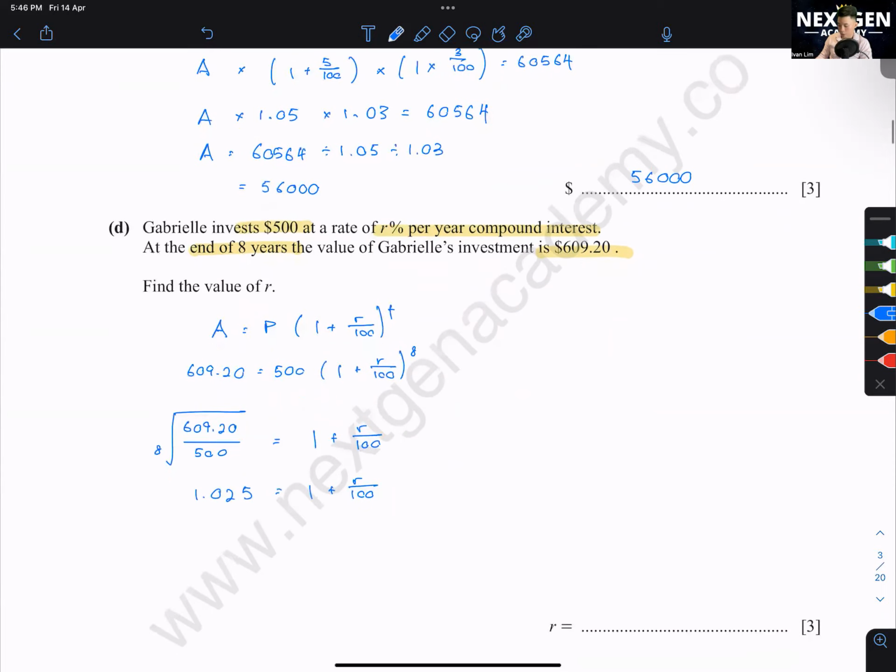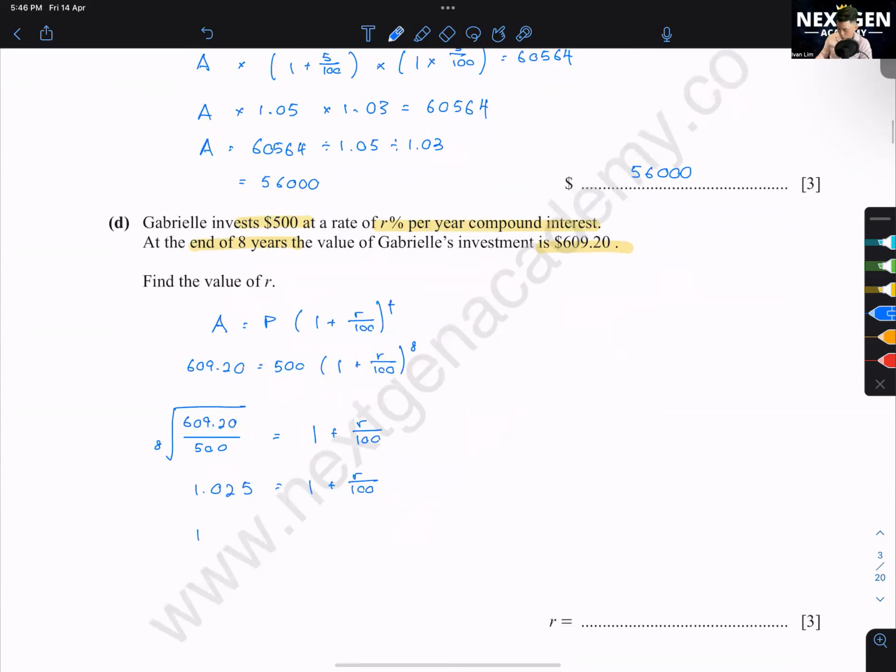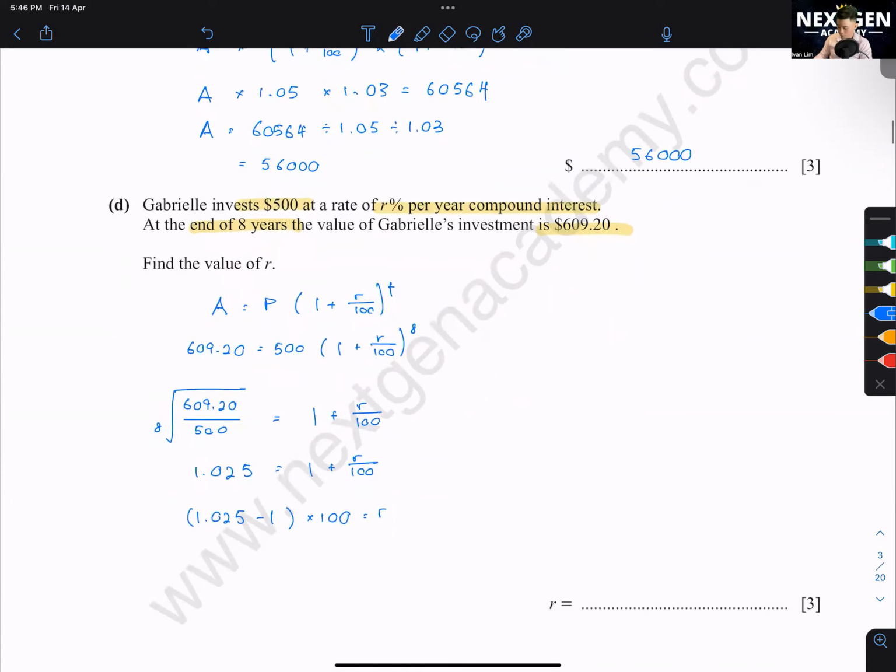Okay, then over here, 1.025 minus 1, then multiply by 100. Okay, if you're not confident writing like this, just do one step at a time. Okay, your final answer here, you get 2.50. Okay, one more thing also, to be safe, always write it in 3 significant figure. Okay, your final answer, just to be safe, because we don't know how the marker will mark your paper also.